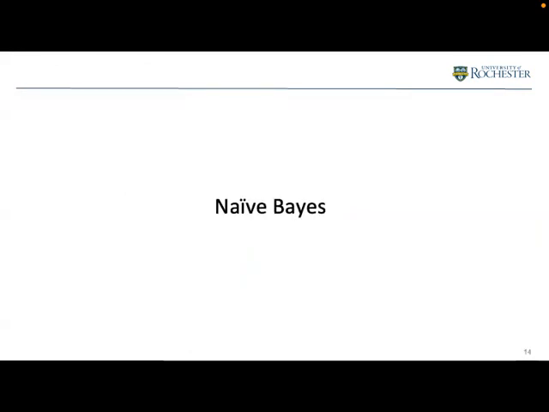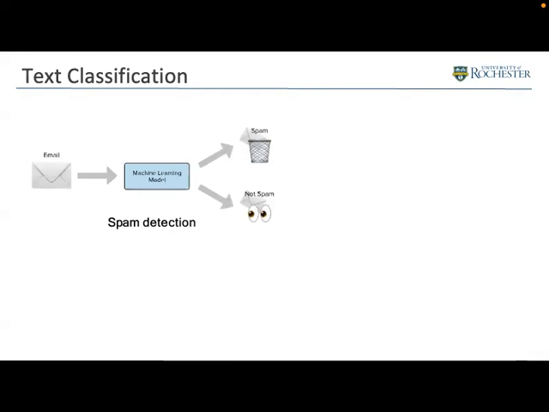Okay, so now I'm going to talk about naive Bayes. When is naive Bayes very useful? A very traditional scenario for naive Bayes is text classification. We can use it to detect spam emails.